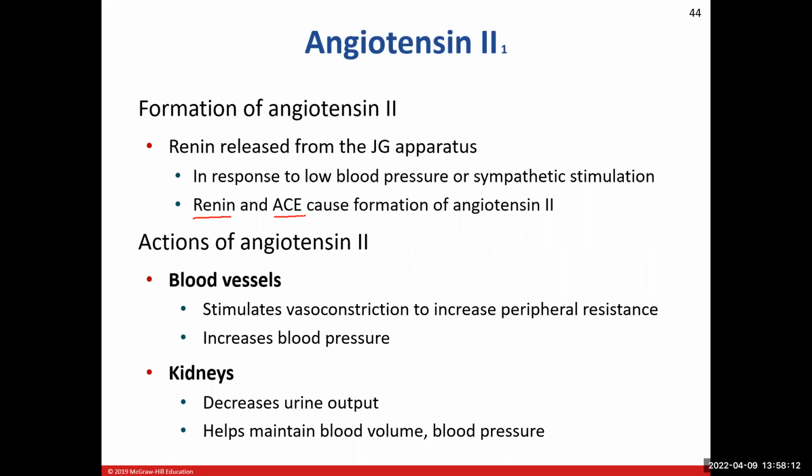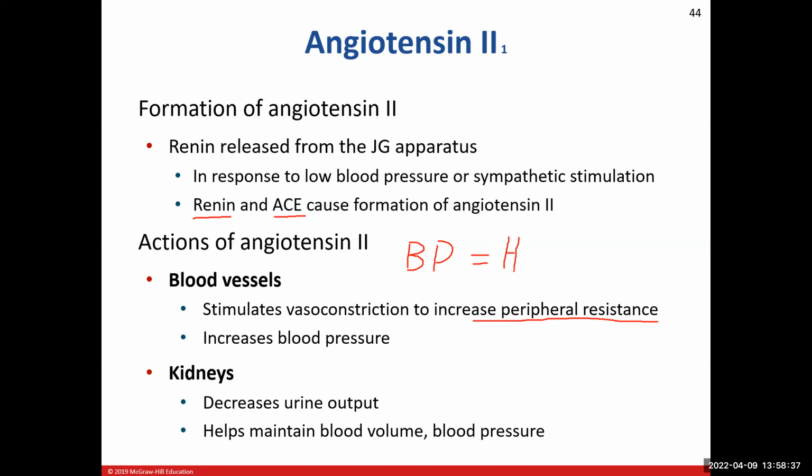Well, with the blood vessels, it causes vasoconstriction, and that will increase the peripheral resistance in our circulatory system. And if you increase the total peripheral resistance there in our circulatory system, you will increase blood pressure. And that's what I'm writing up here, a little formula for us.